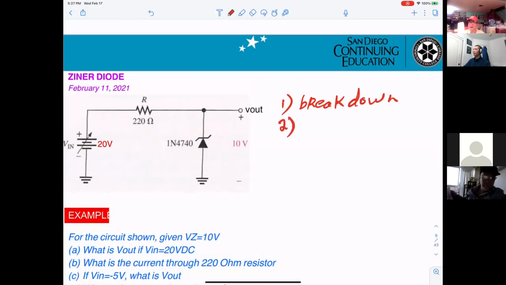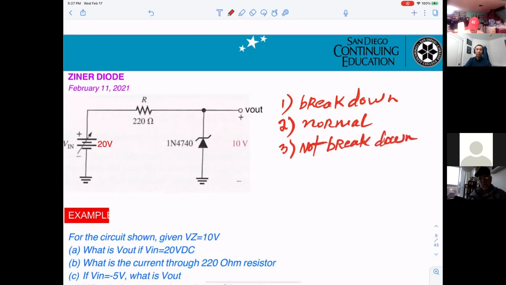Second thing, it can be normal, working like a normal diode, and now it will not break down. And also not normal. It has to be either one.